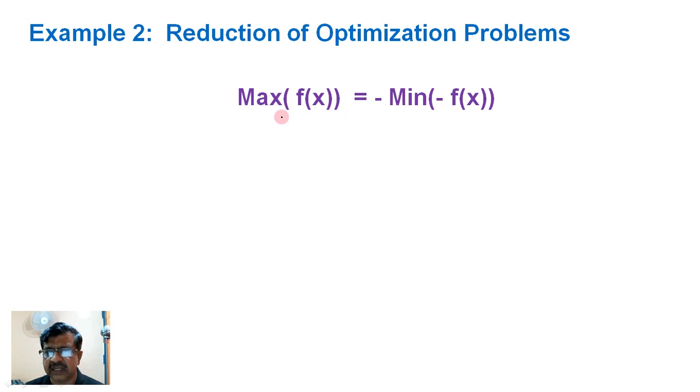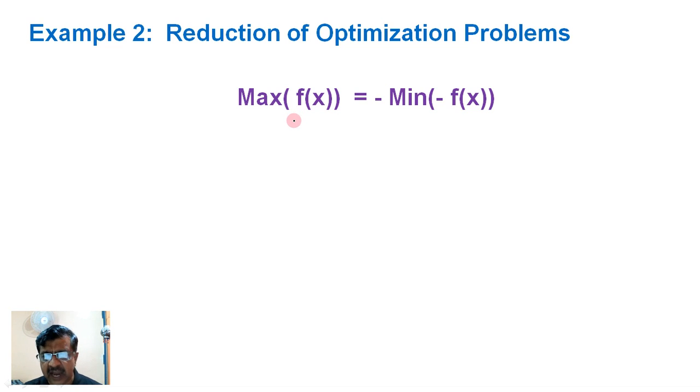By just utilizing this simple formula and knowing only the minimization algorithm, we can obtain the maximization of the problem. That is, the maximization of f of x, the objective function involving decision variables x, is nothing but minus the minimization of minus f of x. Therefore, it is enough if I know the minimization procedure in order to solve the maximization problem.